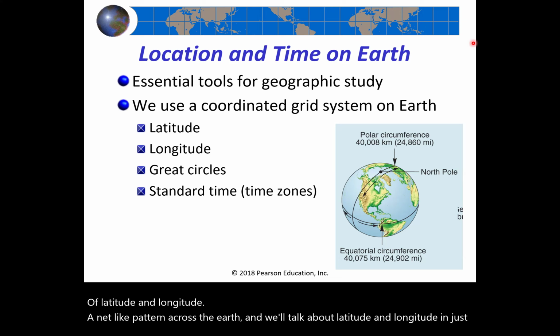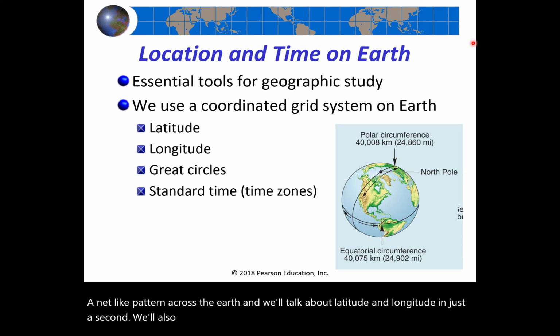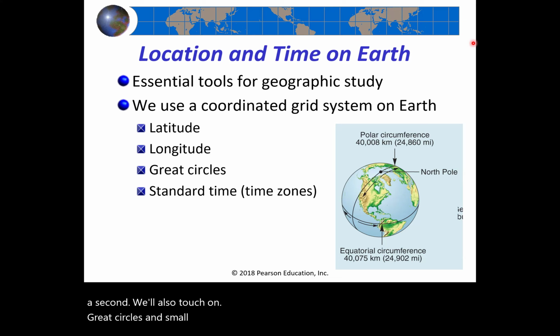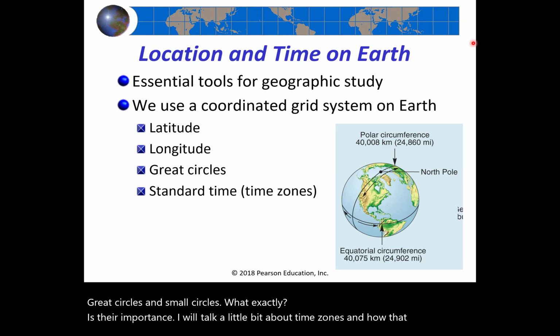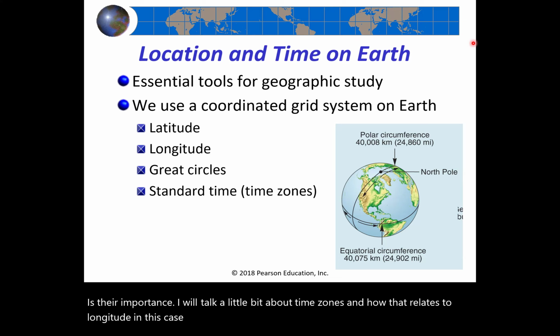We'll also touch on great circles and small circles. What exactly is their importance? We'll talk a little bit about time zones and how that relates to longitude in this case. And then we'll talk about some mapping specifics.